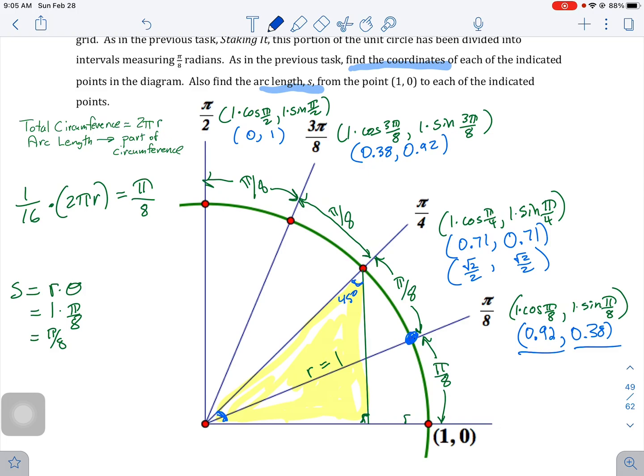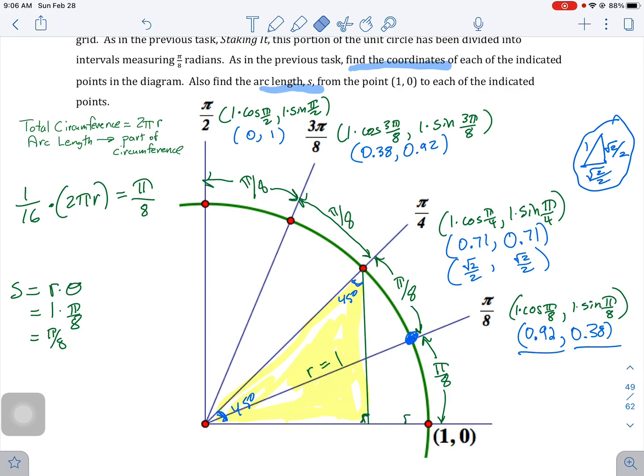Those are 45-degree angles. So we have an isosceles right triangle. And if you remember, we had some ratios we used before, like 1, 1, square root of 2, or another one was 1 over square root of 2 and square root of 2 over 2, right? And this is the one that's going to be useful for us because the radius is equal to 1.